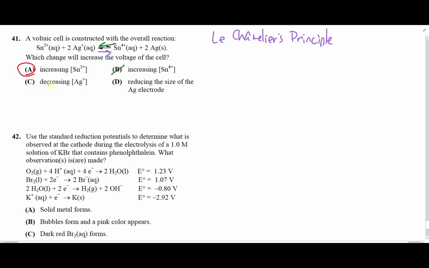By the same reasoning, C is also out, because decreasing the concentration of silver ion is going to favor the reverse reaction. Reducing the size of the electrode is independent of our voltage, so the answer is A.